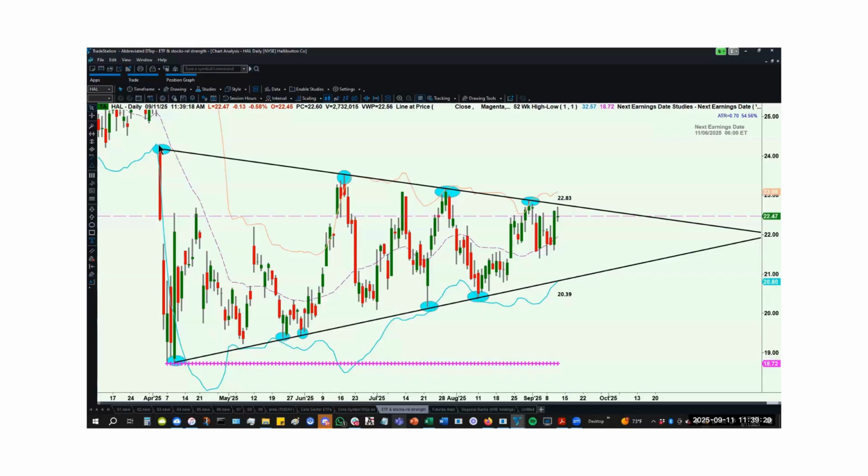Similarly, on the upper one, there's the upper Bollinger Band and there's the trend line. It drops down, comes up to the upper Bollinger Band, drops, comes up again, drops again. When you look at Bollinger Bands, trend lines are a great enhancement to them.